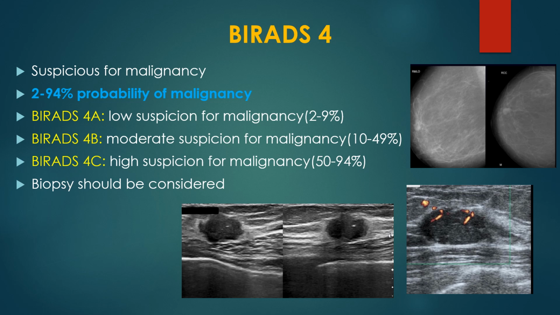In 4A, the chance of malignancy is less than 10%, in 4B the chance of the lesion being malignant is less than 50%, and in the 4C category the chance of malignancy is very high, in the range of 50 to 94%. Important to know that all these lesions will require a biopsy for further confirmation. So tissue diagnosis is essential.